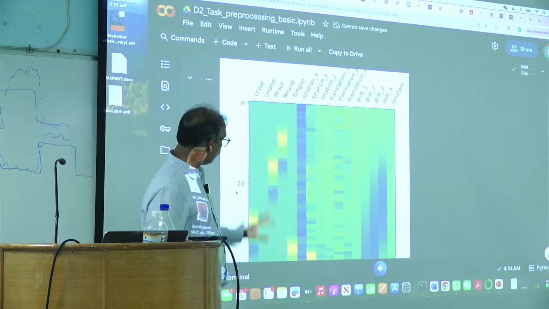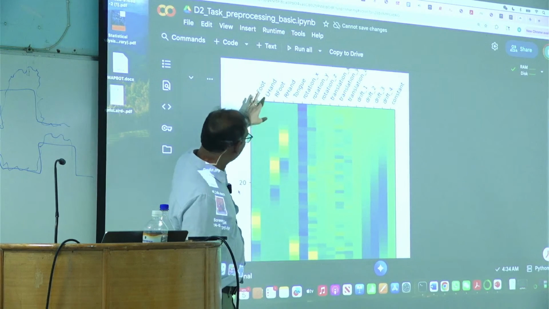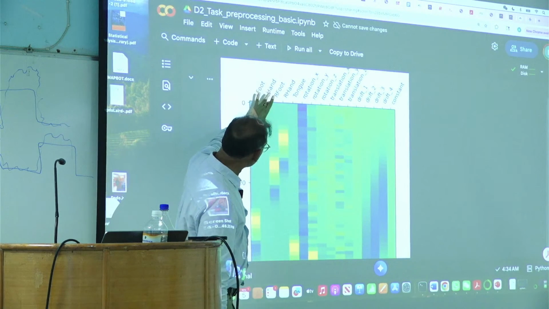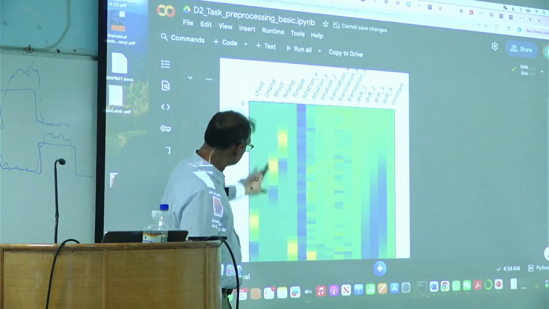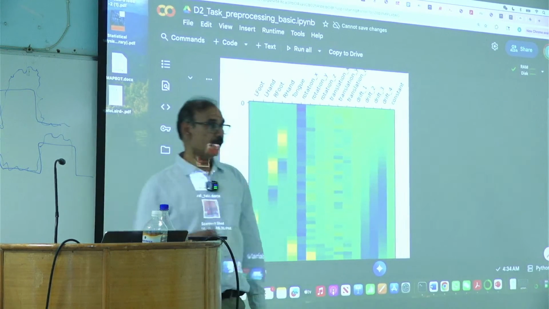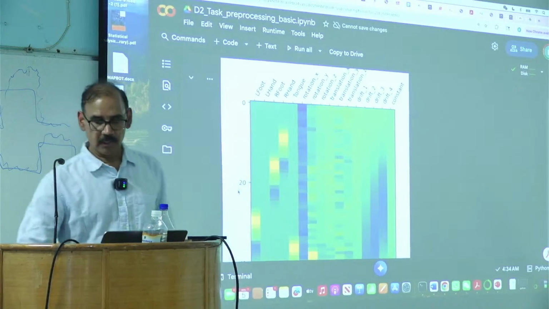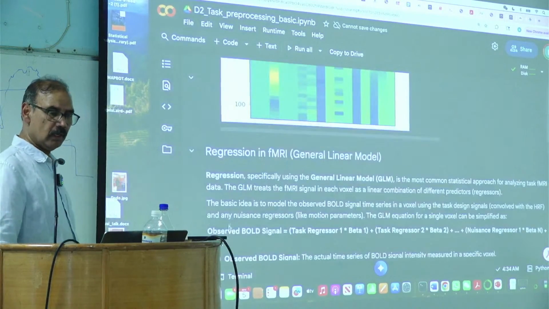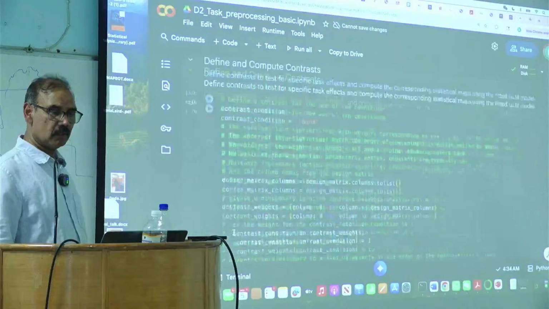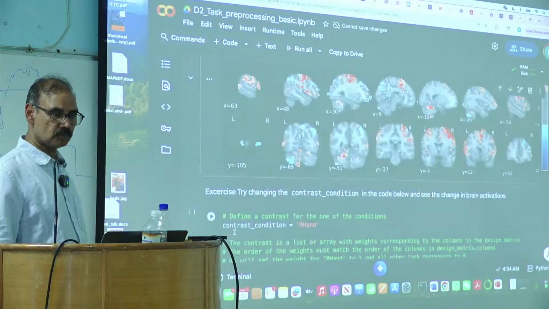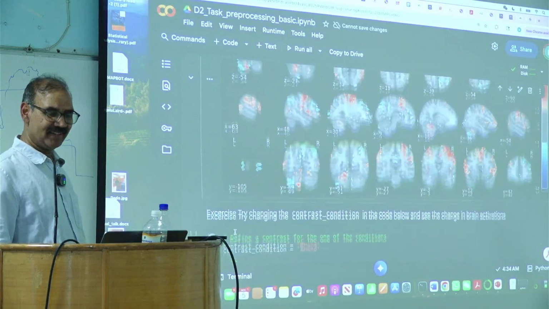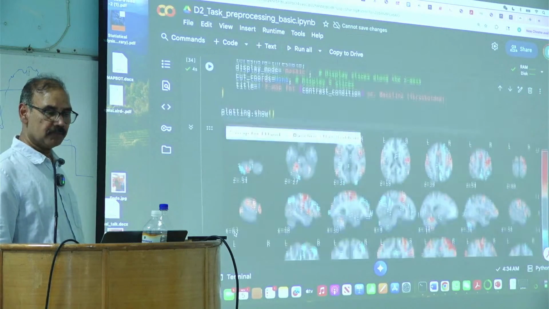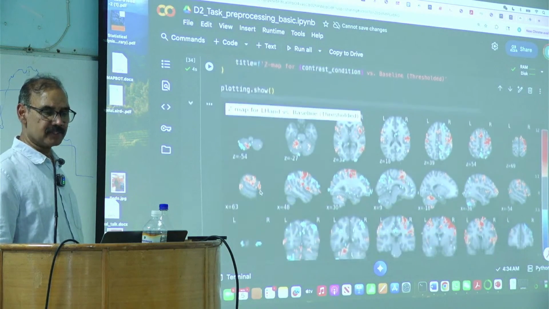So what we are looking for is left hand. So this would be baseline, this would be active, and then we can do like that. So this is left hand versus baseline.